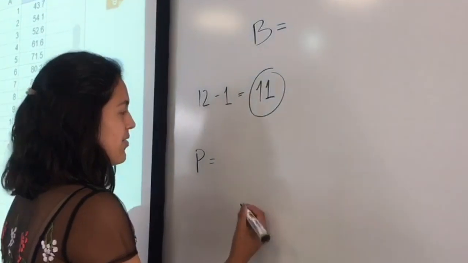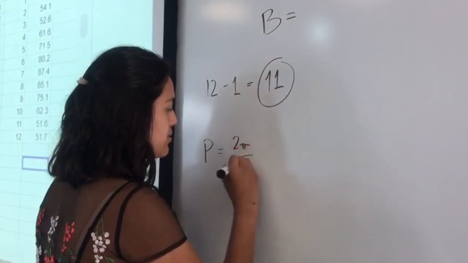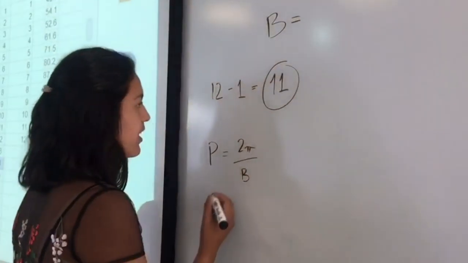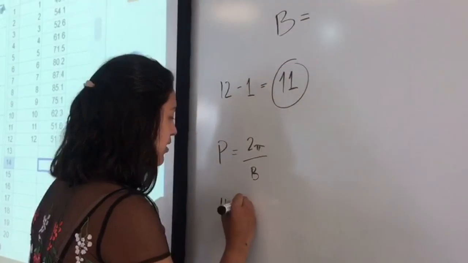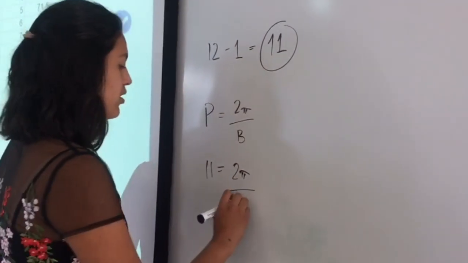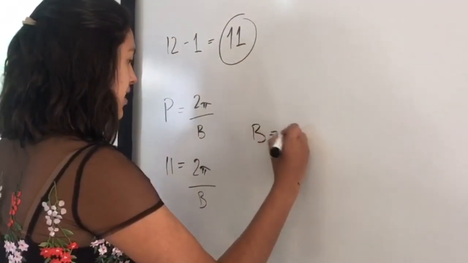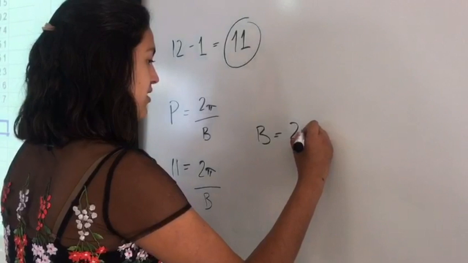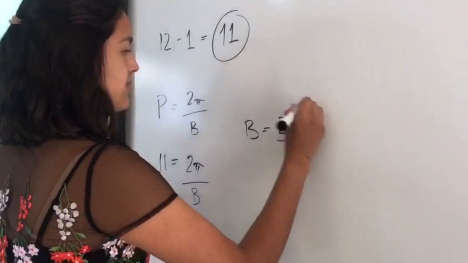We know that the period is 2 pi over b, and if we already know the period, which is 11, we just have to solve for b, and the value of b is this.